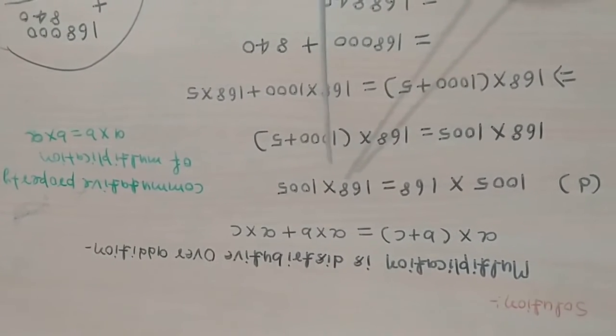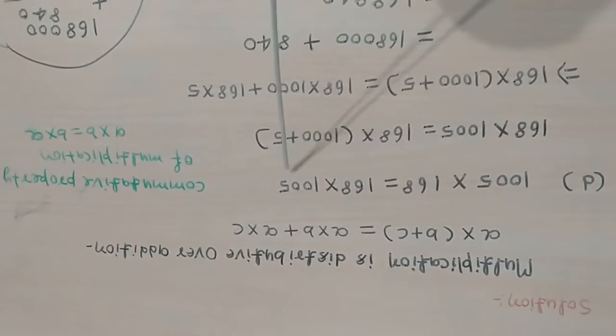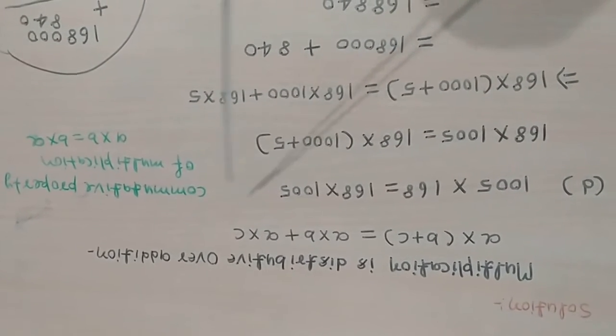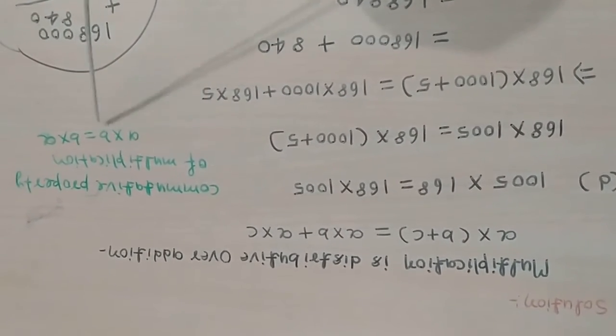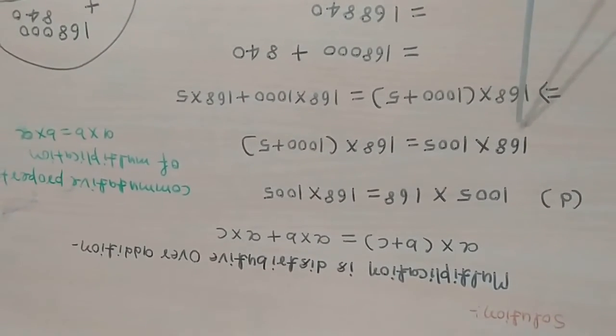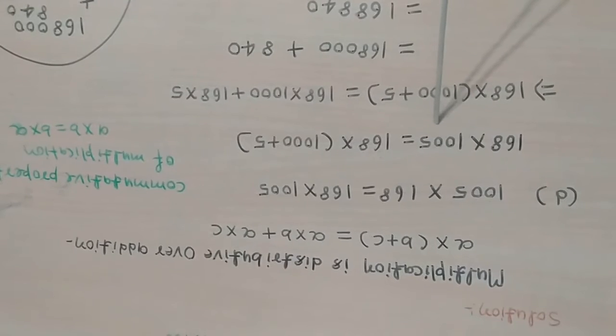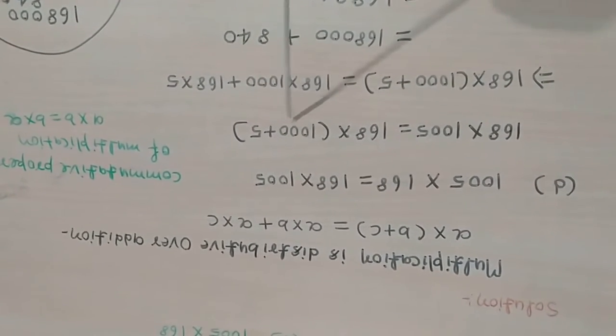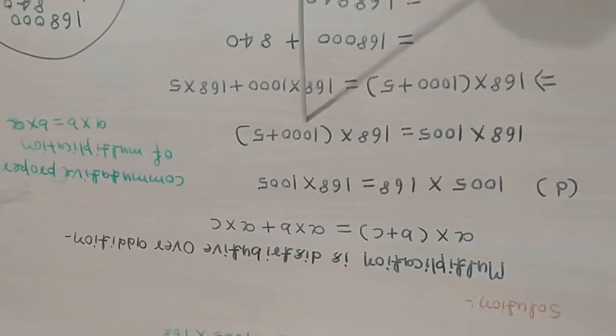So we can write this product like that, using the commutative property of multiplication. So 168 into 1005. So we break 1005: 1000 plus 5.